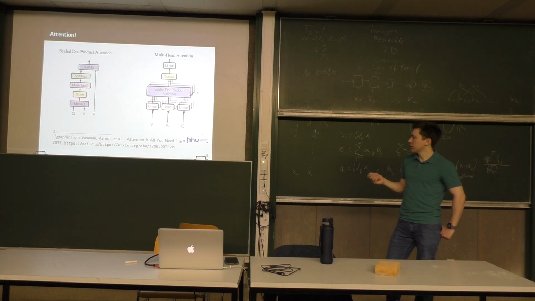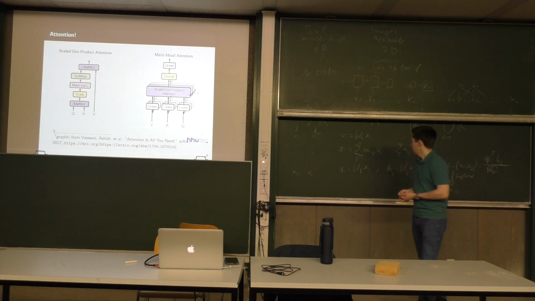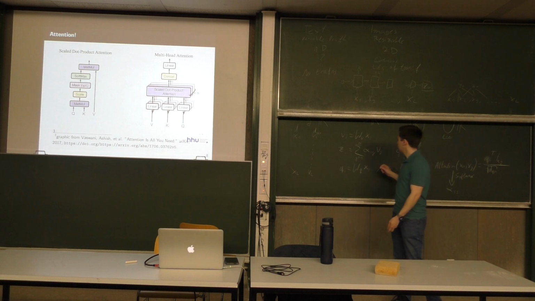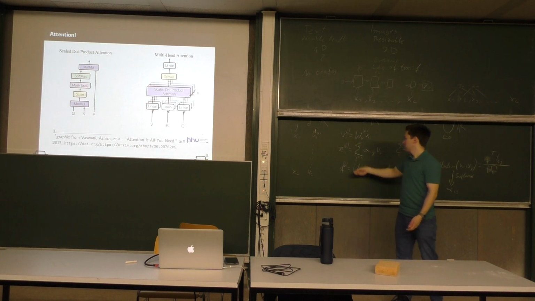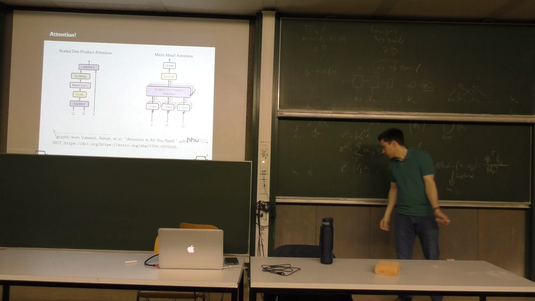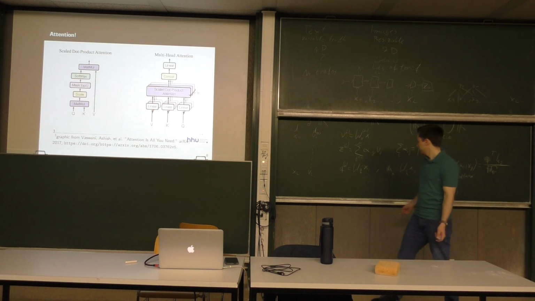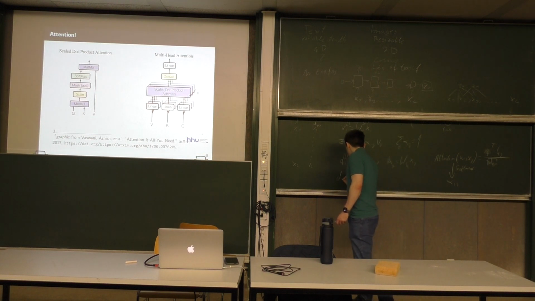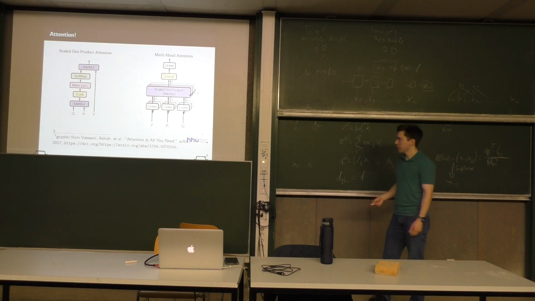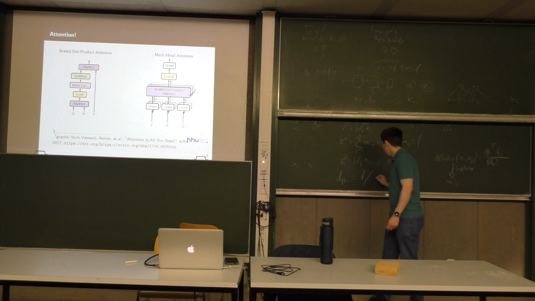You have some number of heads, say 16, and for each of the heads, we have a different matrix. So we add a subscript everywhere. And the dimension d_qkv is then usually the total dimension, so the input dimension divided by the number of heads.